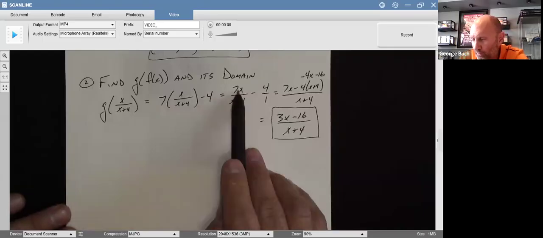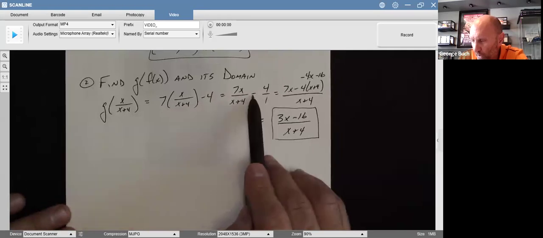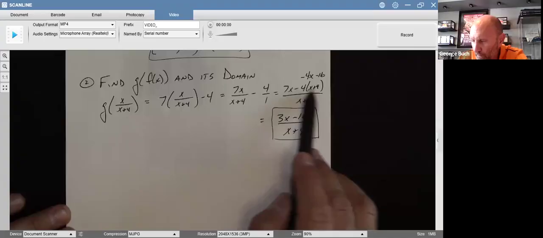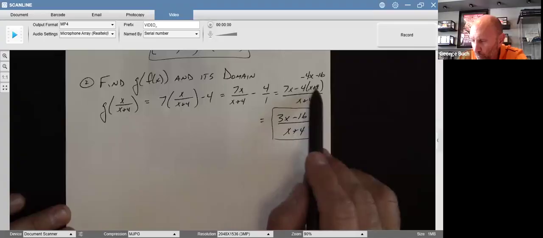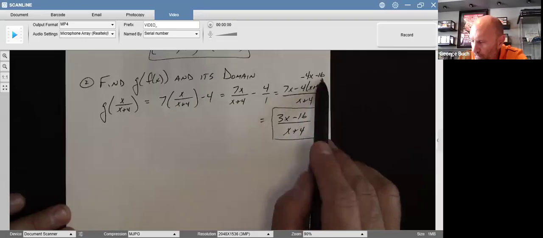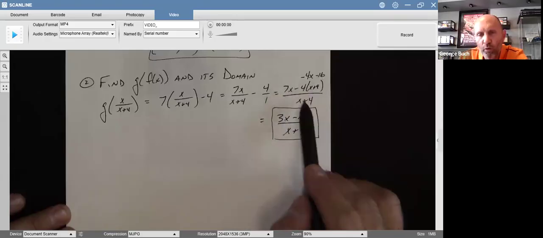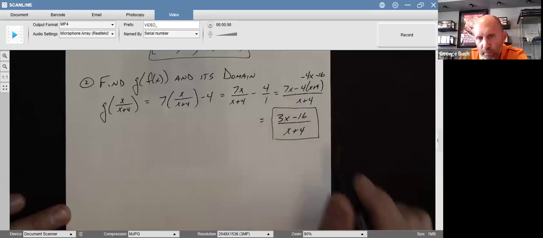So cross multiply, 7 times x is 7x minus 4 times x plus 4. So if I distribute this minus 4, I get minus 4x and minus 16. And then simplify, 7x minus 4x is 3x, and then minus 16 all over x plus 4.